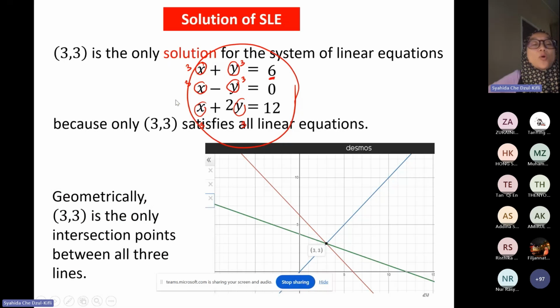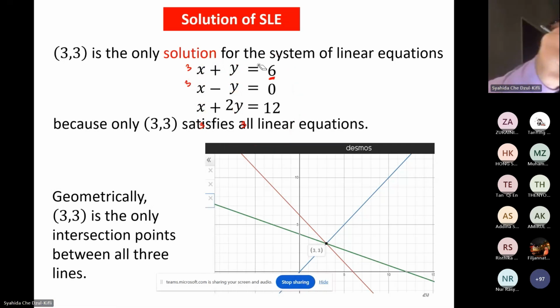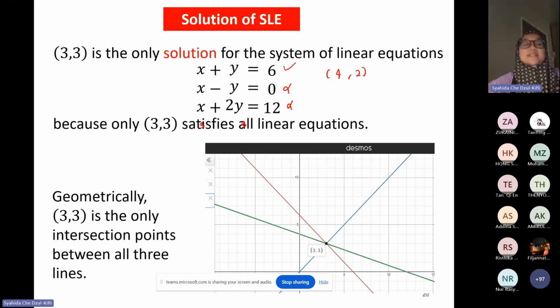Therefore, (3, 3) is the only solution. There is no other solution. Let me pick (4, 2). (4, 2) is a solution for the first equation, but (4, 2) is not a solution for the second and third. So (4, 2) is not a solution of this system of linear equations. That's just an example.